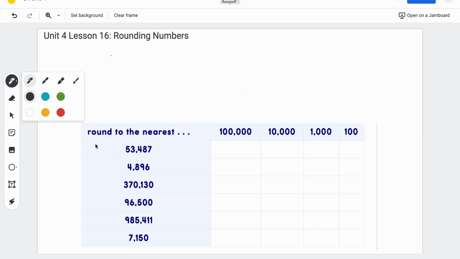This number is between 0 and 100,000. So is this number closer to 0 or closer to 100,000? Well, I know that the middle between these two numbers will be 50,000.